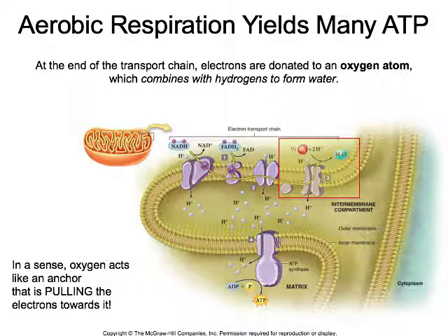At the end of the transport chain, electrons are donated to an oxygen atom, which combines with hydrogens to form water as a waste product. In a sense, we can think that oxygen acts as an anchor, pulling electrons towards it in an organized way.